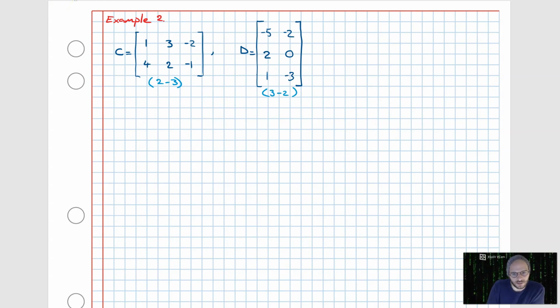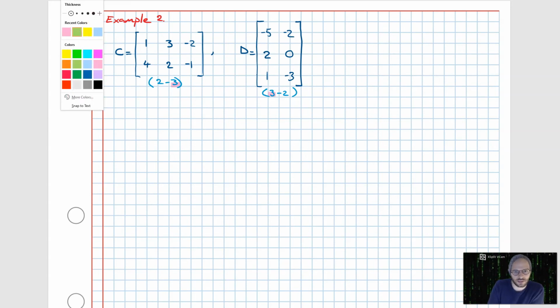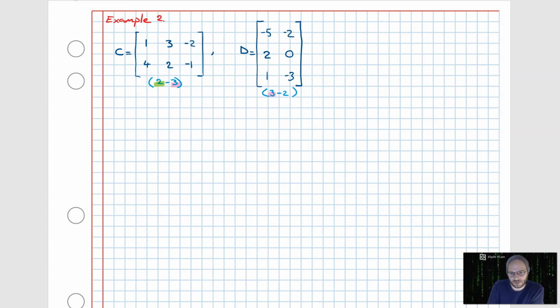So what we find is that because they're both inner 3, they're definitely conformable, and the outer is a 2 by 2. So if we define CD, the resultant matrix is going to be a 2 by 2 matrix, so it will be nice and neat like that.